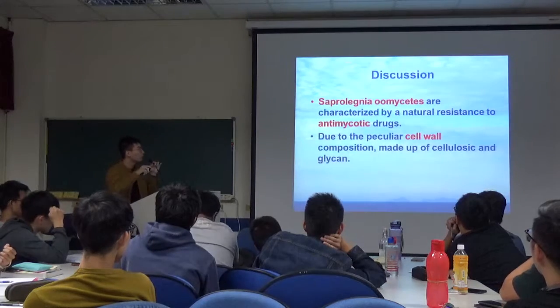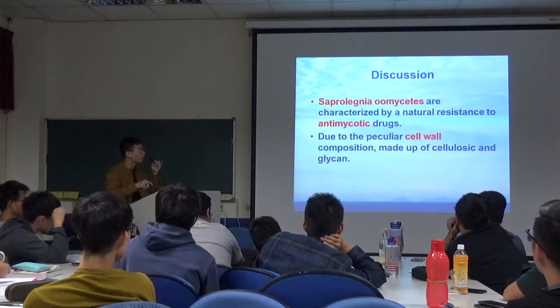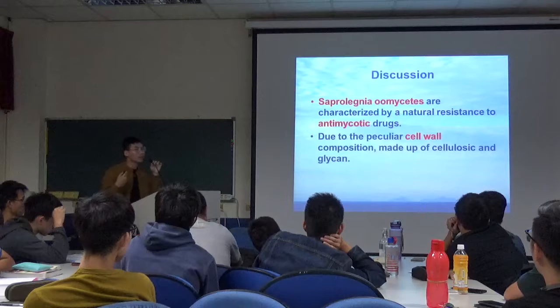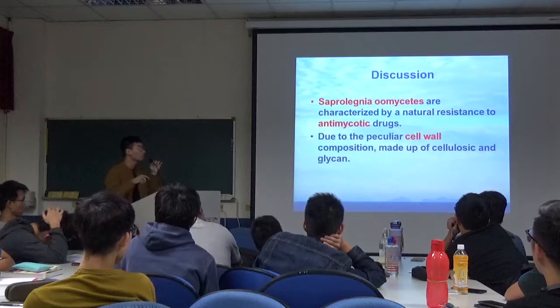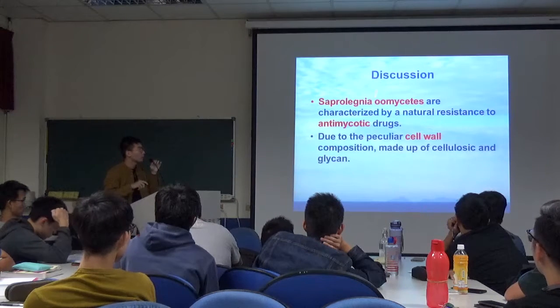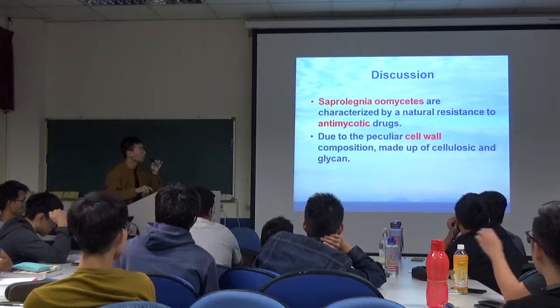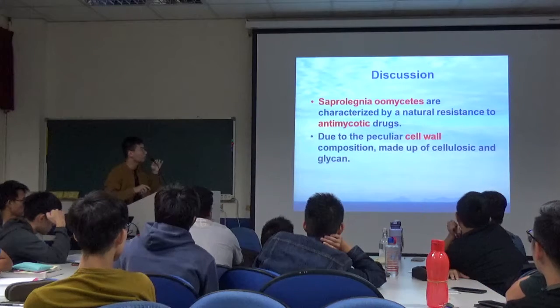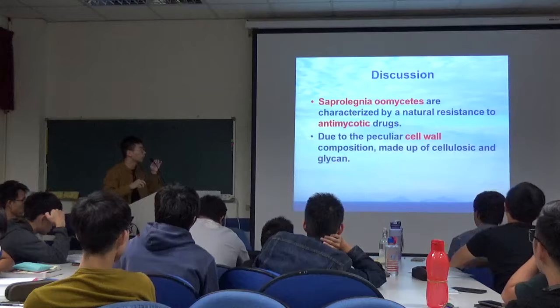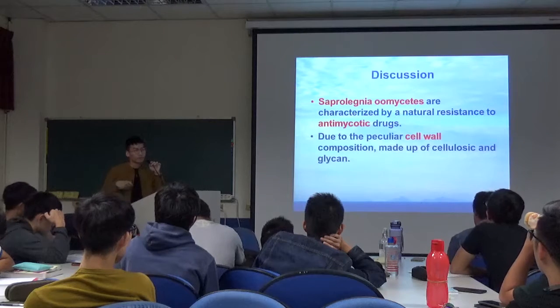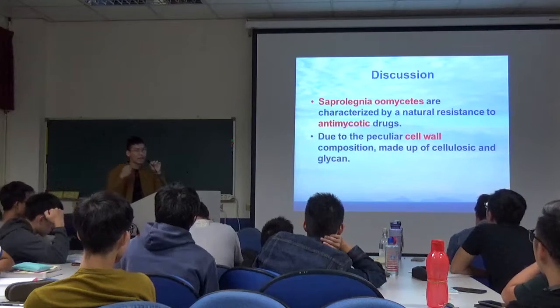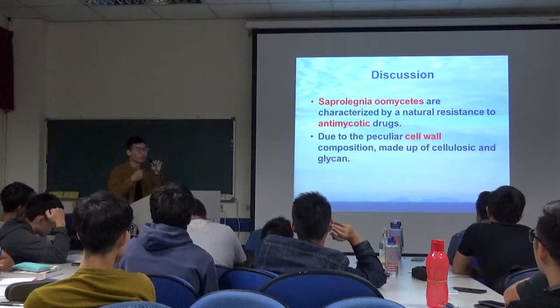And we know that the Saprolegnia oomycetes are characterized by being resistant to anti-mycotic drugs. It means that it is hard to kill due to the peculiar composition of the silicic and glycan. Just think about the disease that happens in humans, caused by oomycetes.